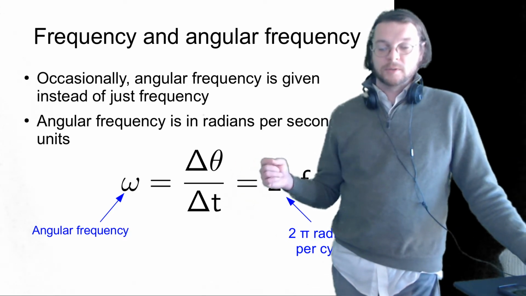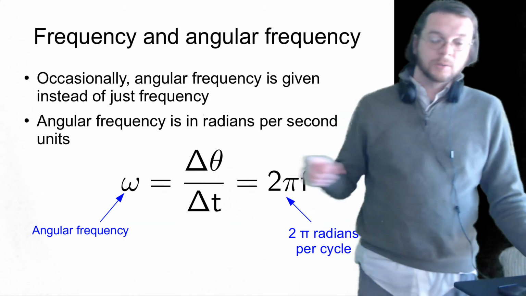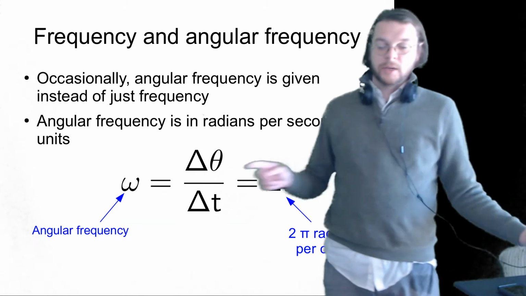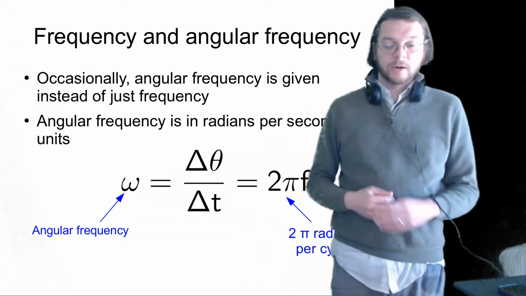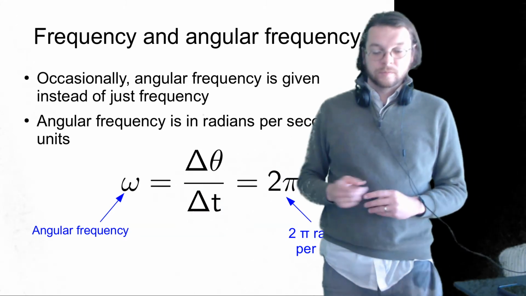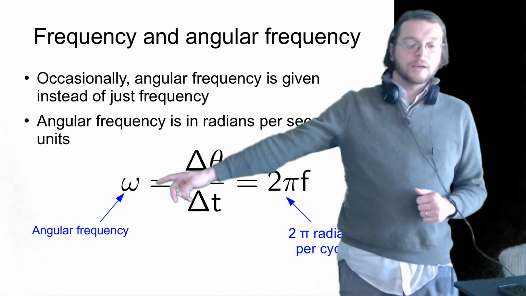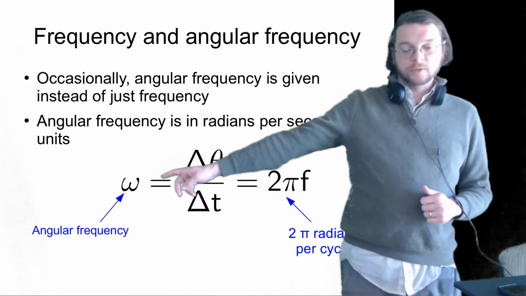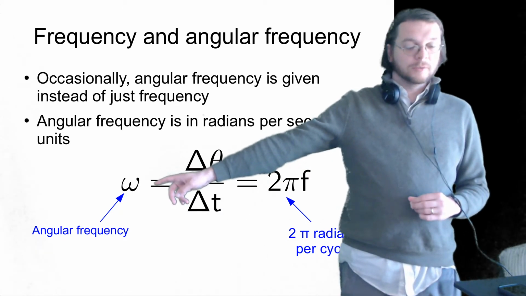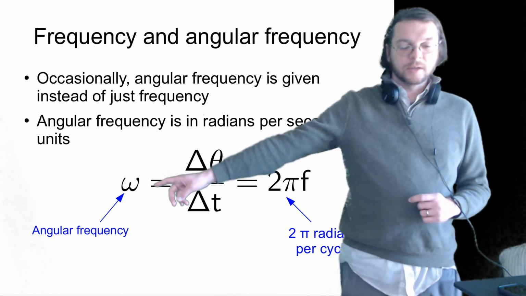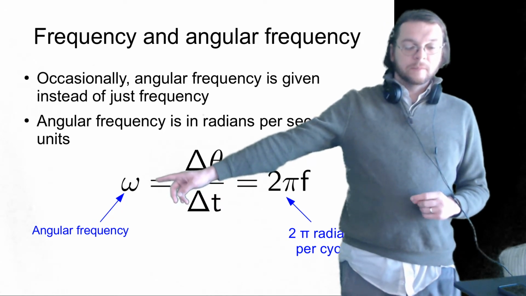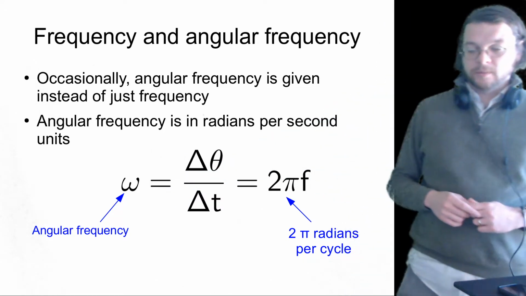Now, in principle, we could do this as degrees per second, but we tend to define this in terms of radians per second. And by the way, this symbol is the Greek symbol omega. Everybody wants to call it W, and I agree, it does look like a W, but technically it's the Greek symbol omega.